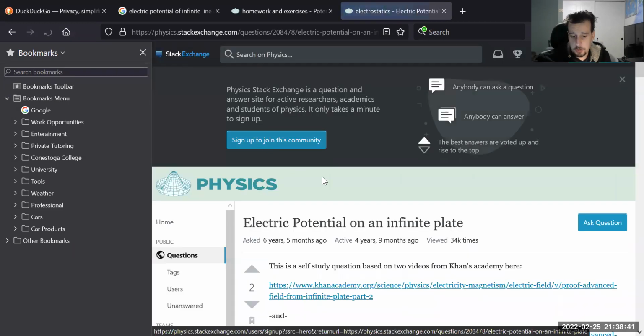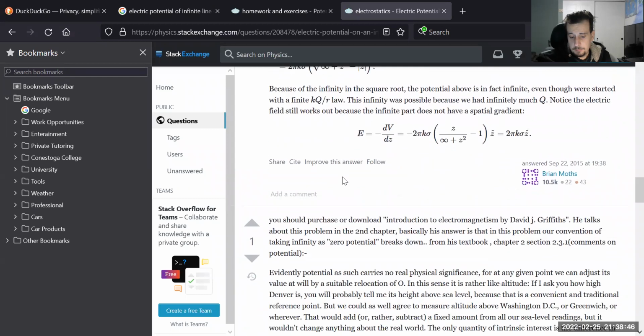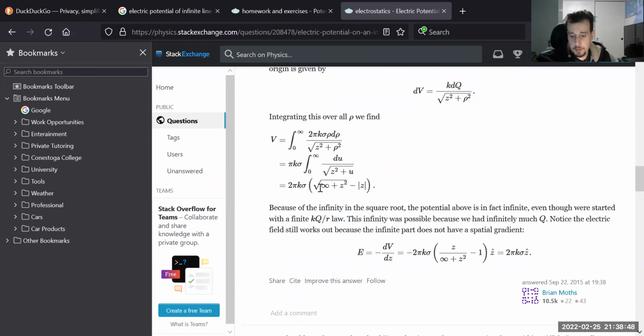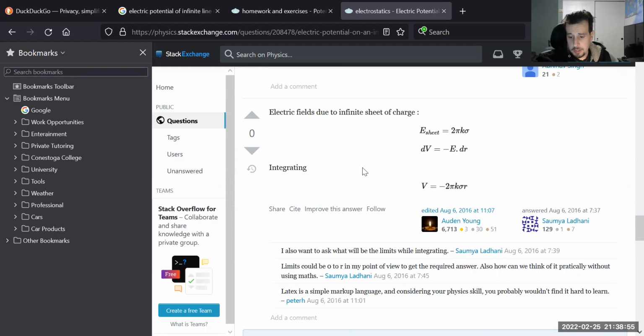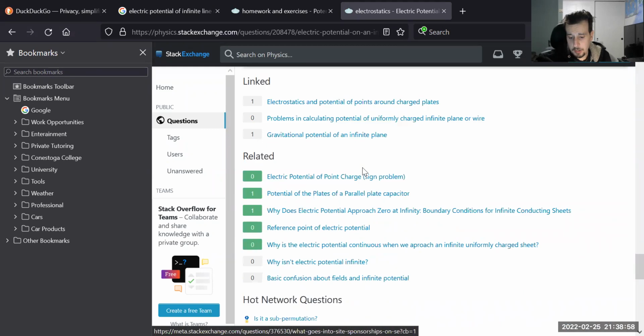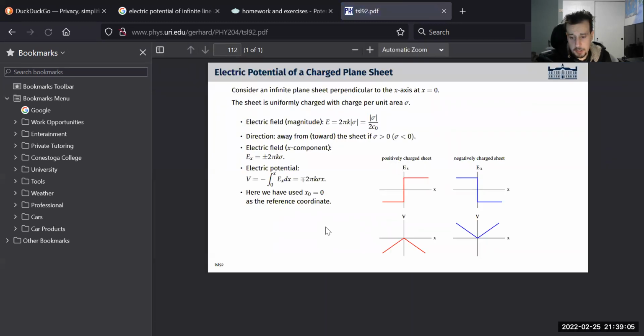Maybe the Physics Stack Exchange. They try to combine both here, but this is for a finite line. Where is the infinite one? Not here. Electric potential of a charged plane sheet. Is this finite? It's not what I want.